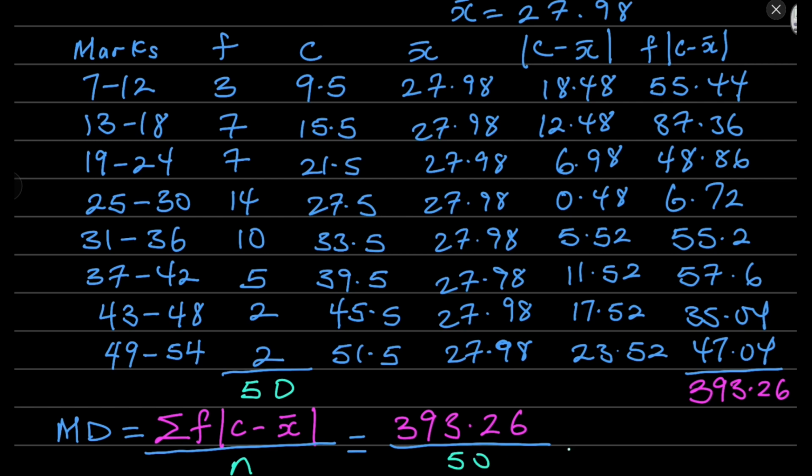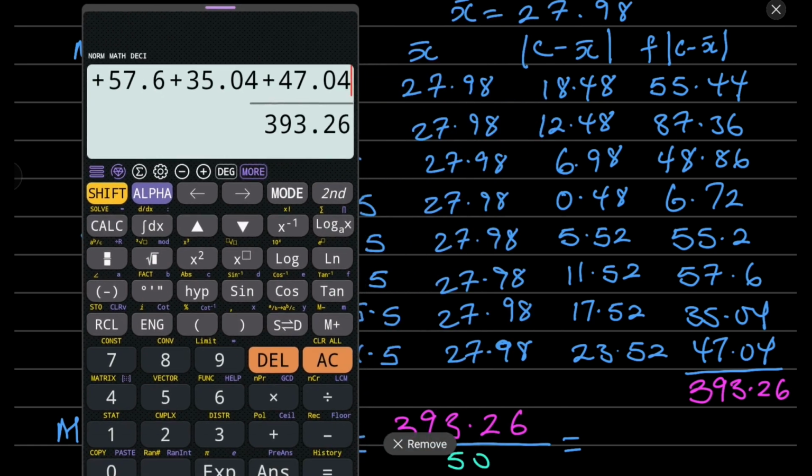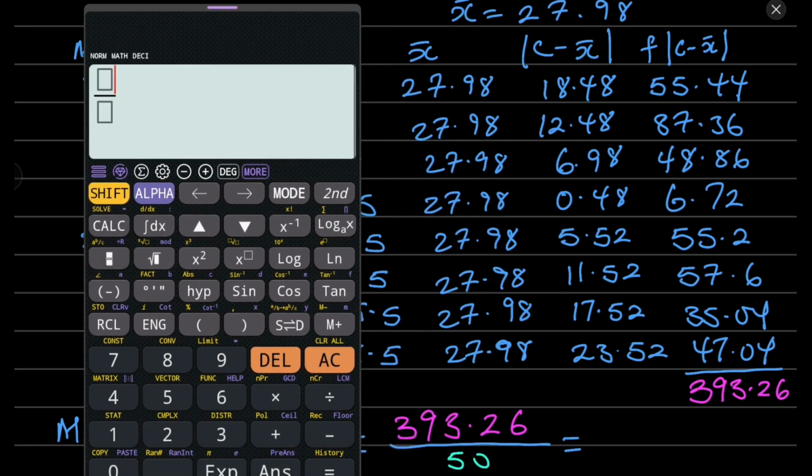Bring back your calculator and get your final answer: 393.26 divided by 50. So for your mean deviation, we have 7.8652, to 2 decimal places 7.87. All right, and that's it.